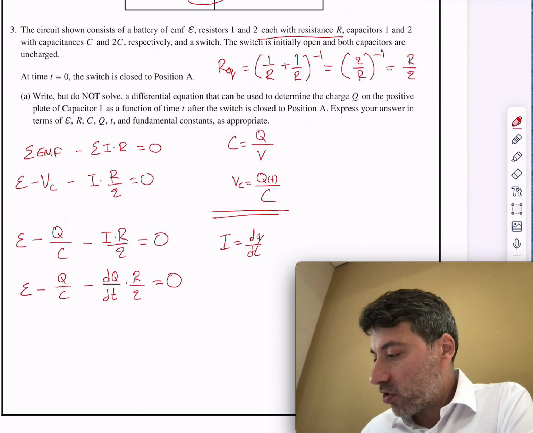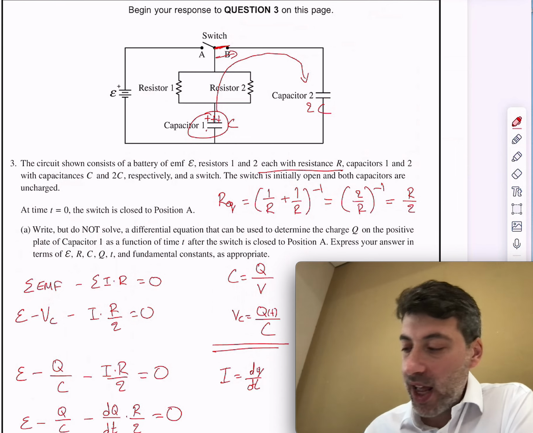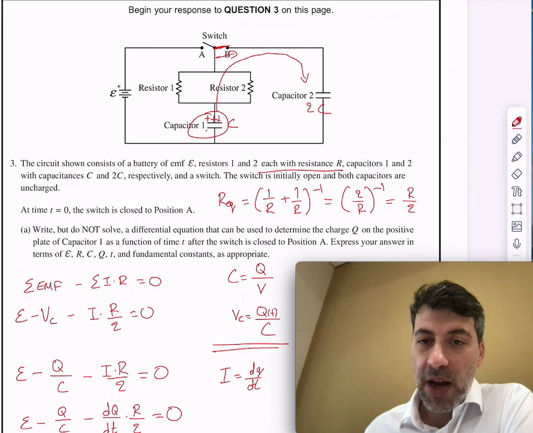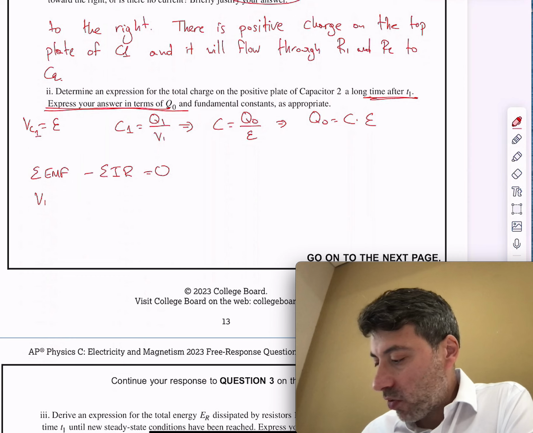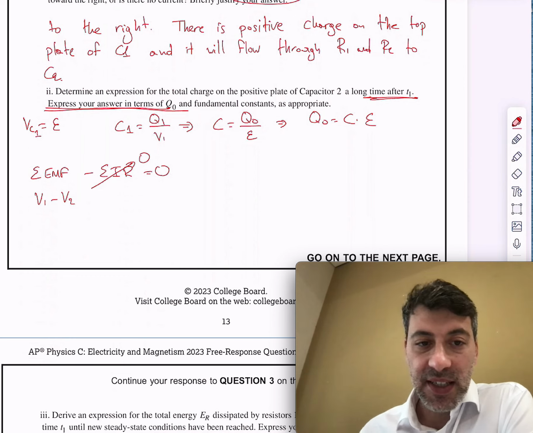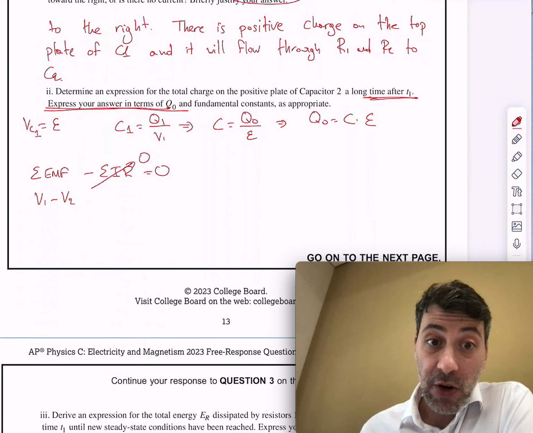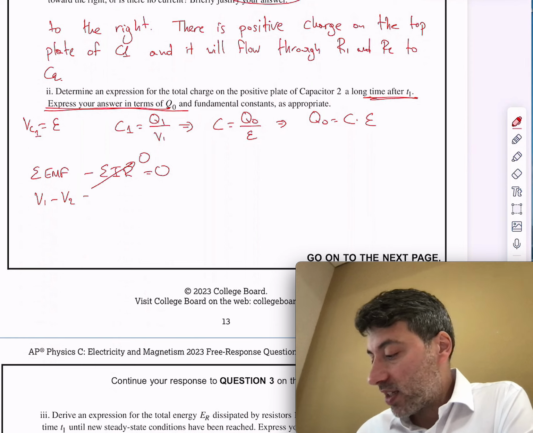Now, when we close the switch and after a long time, the only two sources of EMF are the capacitors. And because they have opposing polarity, we can say V1 minus V2. So V1 minus V2. And since there is no current, this term becomes 0. After a long time, there will be no current through the capacitors or through the resistors. So this is equal to 0.